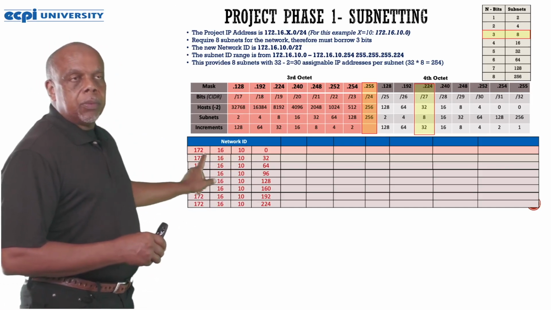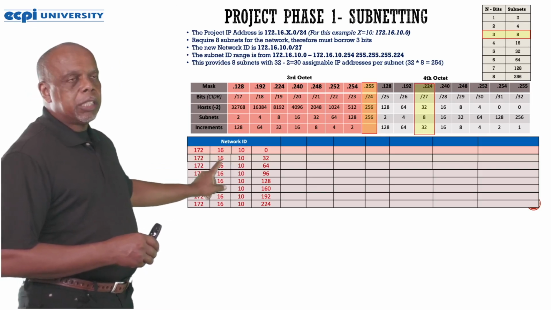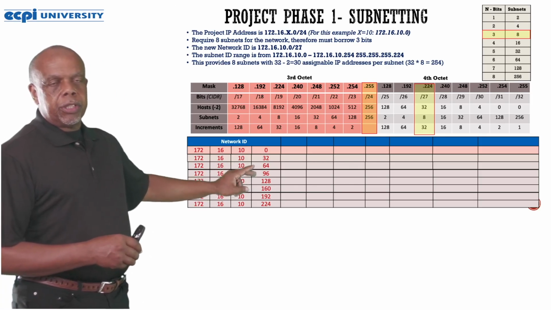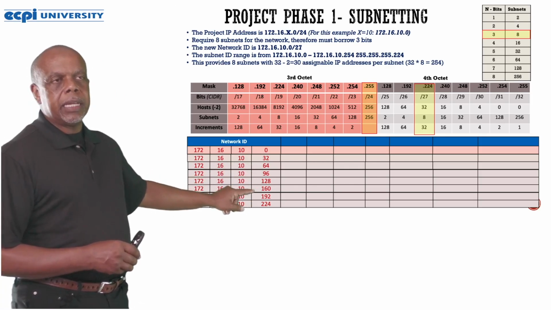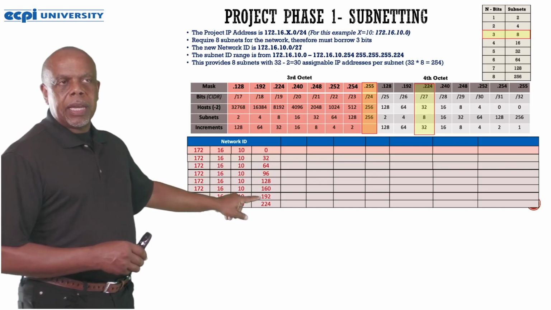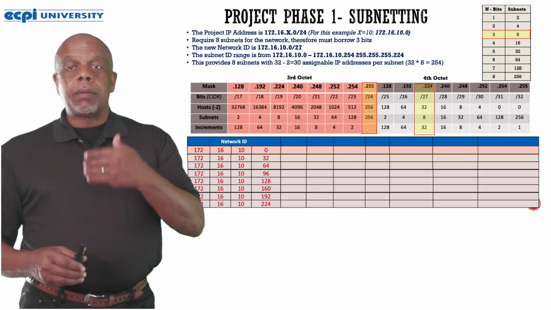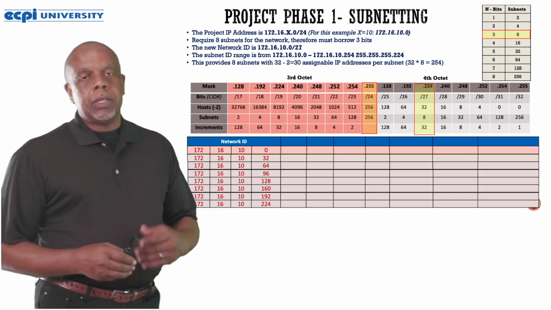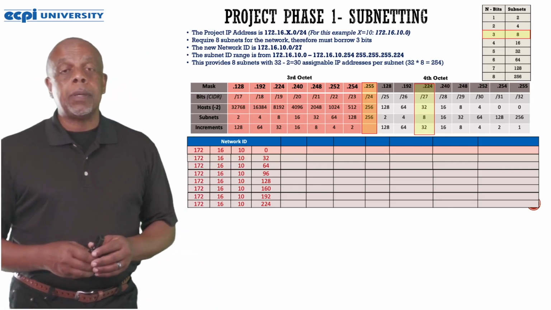So my second one would start at 172.16.10.32. If I'm incrementing by 32, the next ones are going to be 64, 96, 128, 160, 192, 224. And 224 is the 8th subnet, and that takes me to my 256 IP addresses.